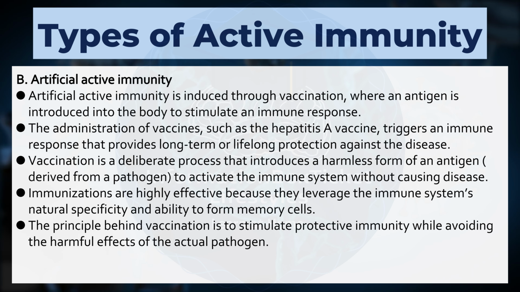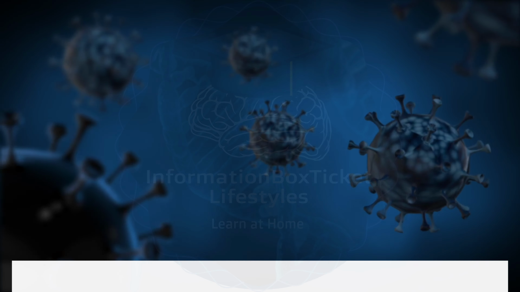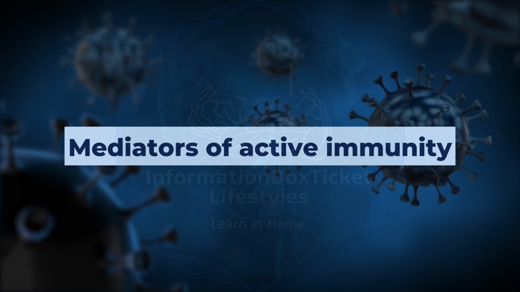The principle behind vaccination is to stimulate protective immunity while avoiding the harmful effects of the actual pathogen. Artificial active immunity is achieved through various vaccines, which may be live vaccines, killed vaccines, or vaccines containing bacterial products.